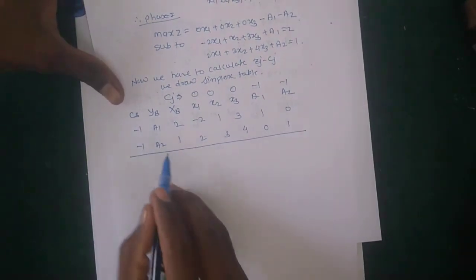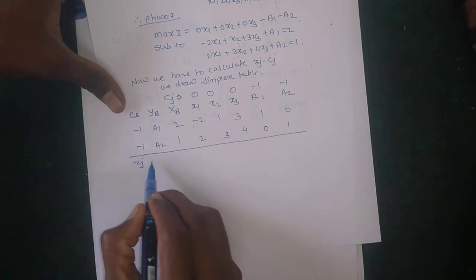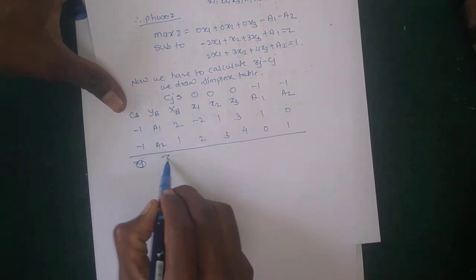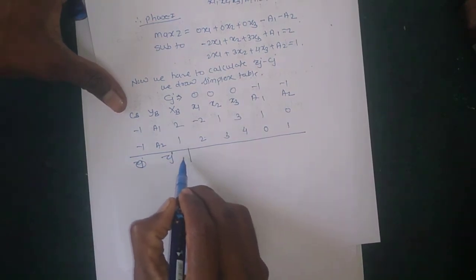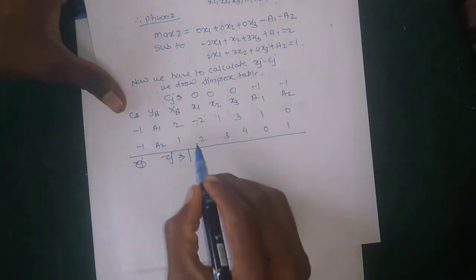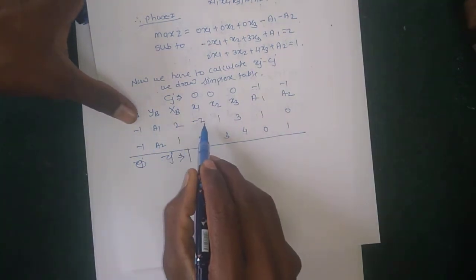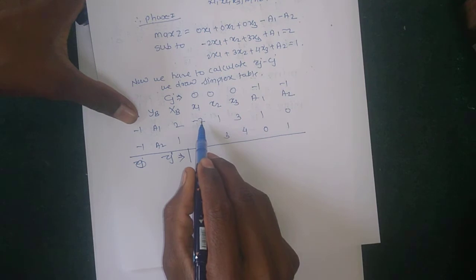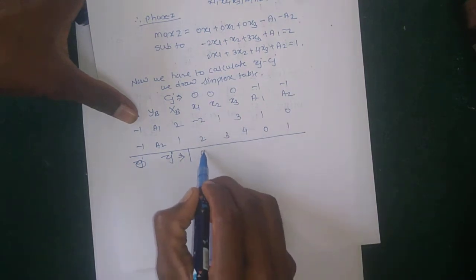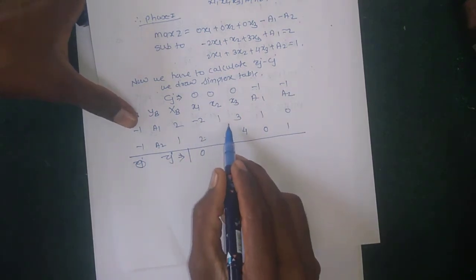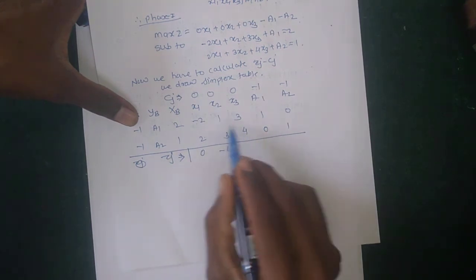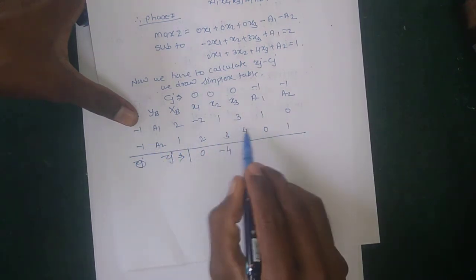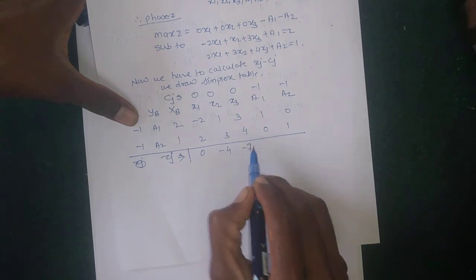So finding here Zj minus Cj. Okay, here firstly we find Zj. Zj are: -2 minus 1 into -2, 2 minus 2 is 0. Then this is also -1 minus 3 is -4. Then this -3 into -4 is -7.